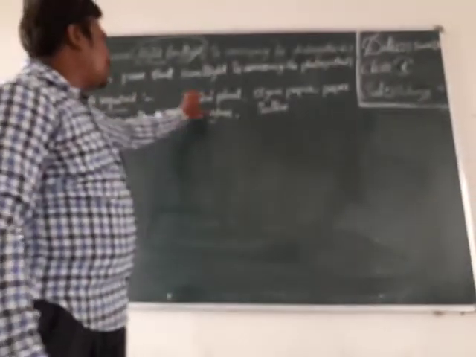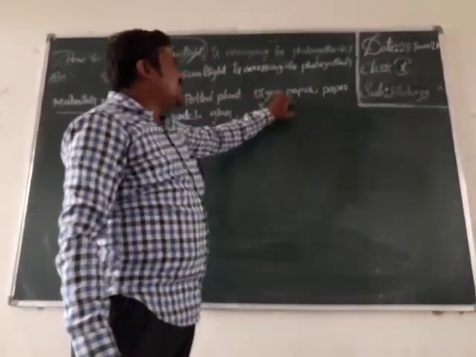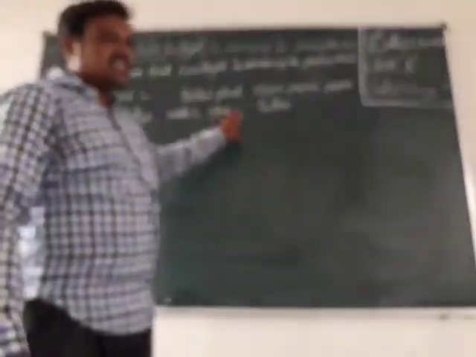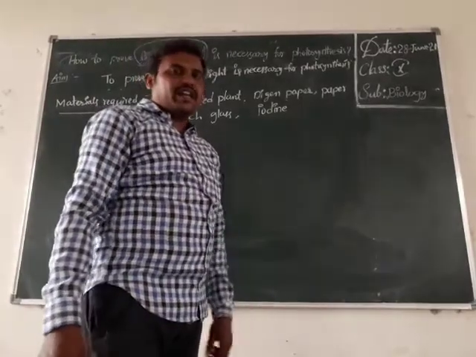So the materials required in this experiment are: potted plant, design paper, paper clips, watch glass, iodine or betadine, etc.